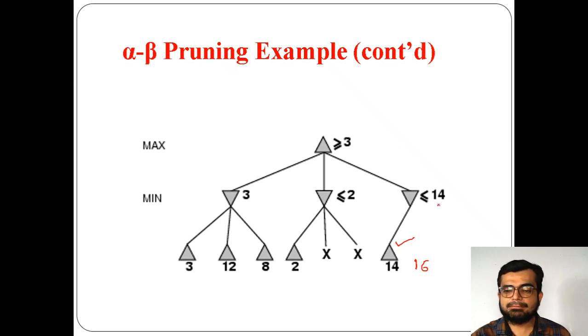But if I am taking 8 here, then this will get updated. Right now we have only 14, so it will accept values which are either 14 or less than 14. So if I am taking 8, then only it will update as 8.